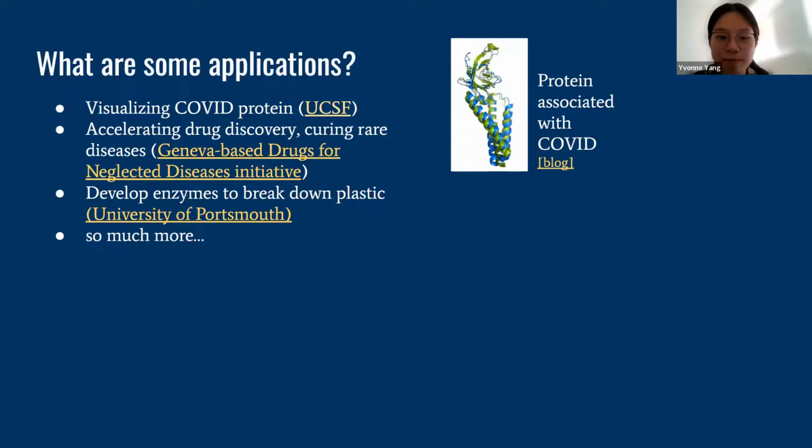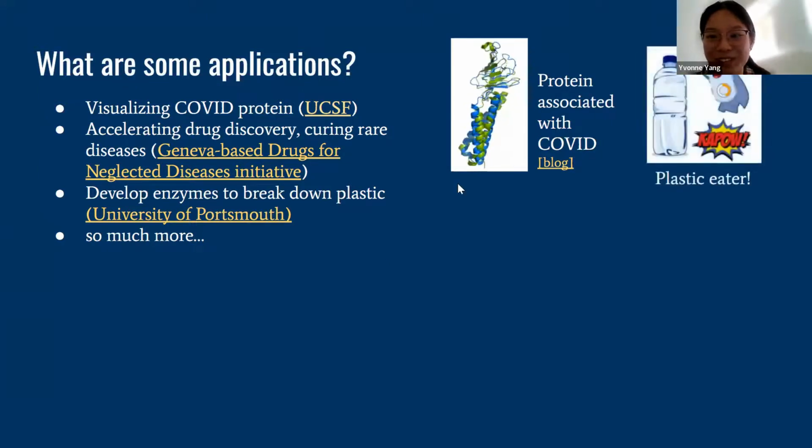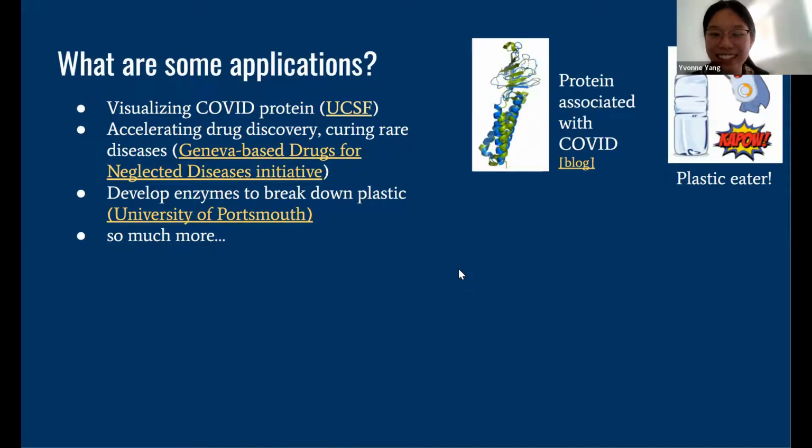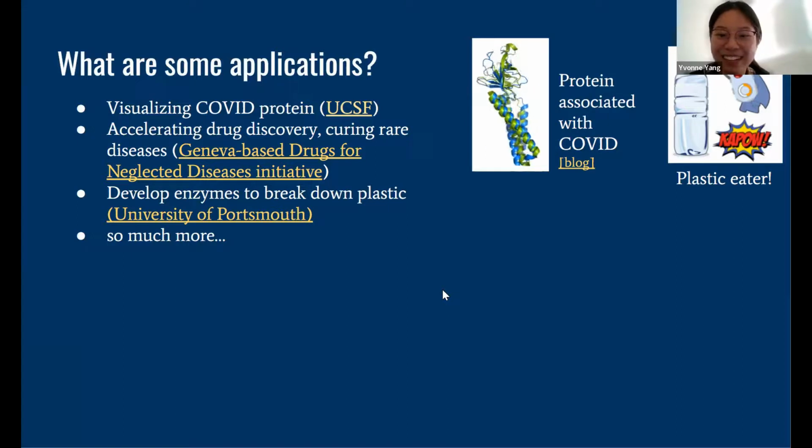And then also, I think the most fun application that I found was a group of scientists who are developing enzymes to break down plastic, just based on AlphaFold's predictions. They look like hair strands. Yes, they kind of do, because essentially it's a strand of amino acids.